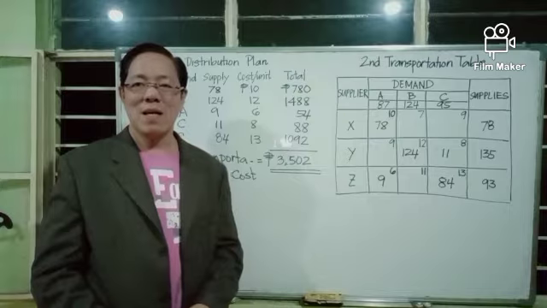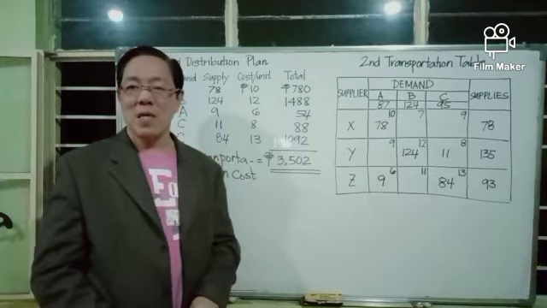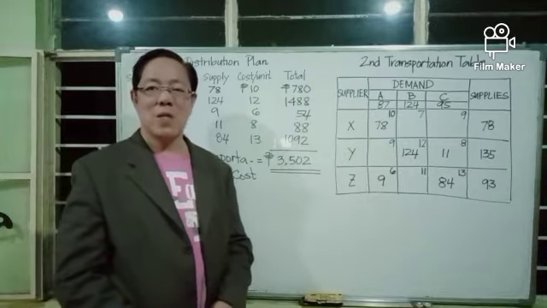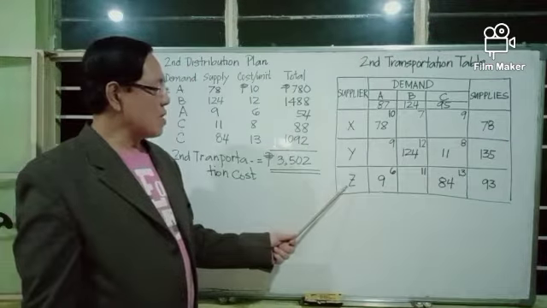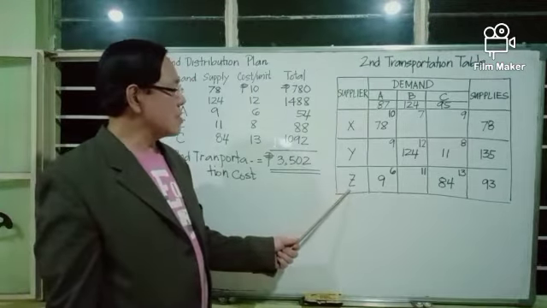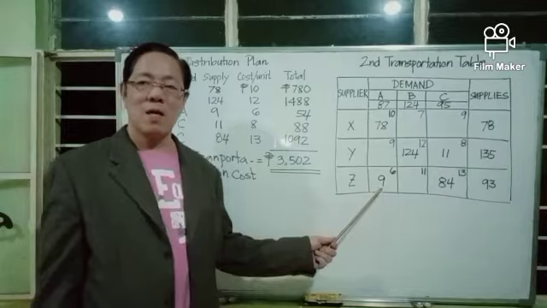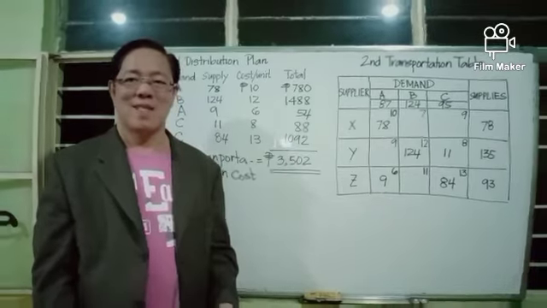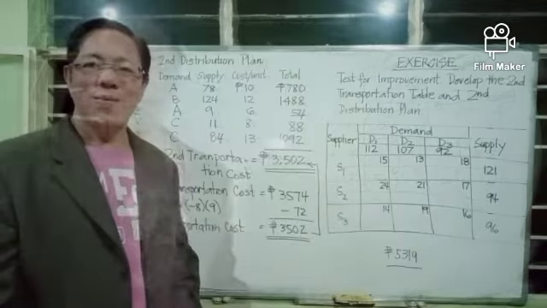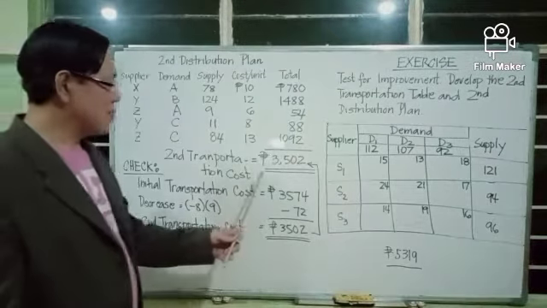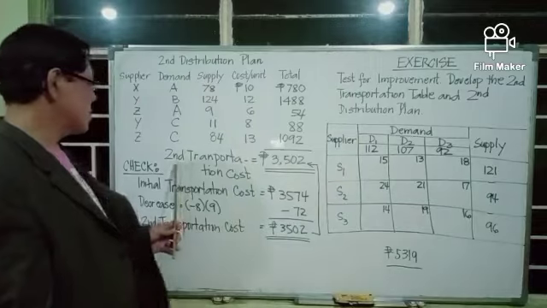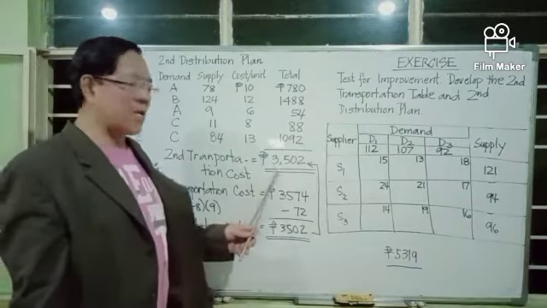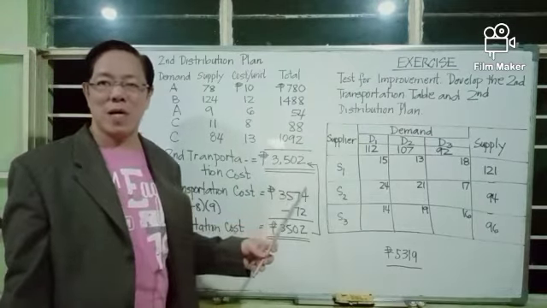And we also need the decrease in the total transportation cost per unit of transferring 1 unit from supplier C to customer A, which is 8 pesos per unit. We now check if our second transportation cost of 3,502 is correct.